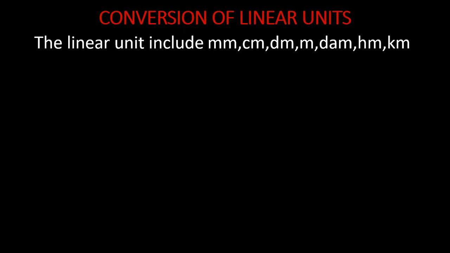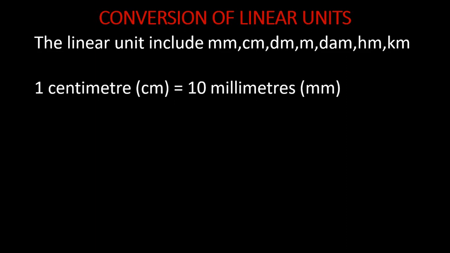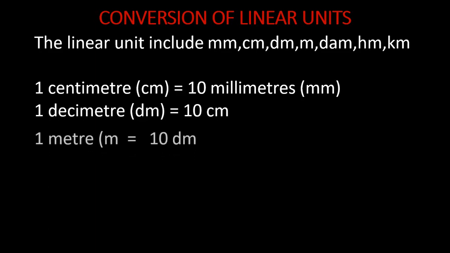Now, just to see something small here, we know that 1 centimeter is equivalent to 10 millimeters. And also we know that 1 decimeter is equal to 10 centimeters. And you also know that 1 meter is equal to 10 decimeters, and 1 decameter is equal to 10 meters.